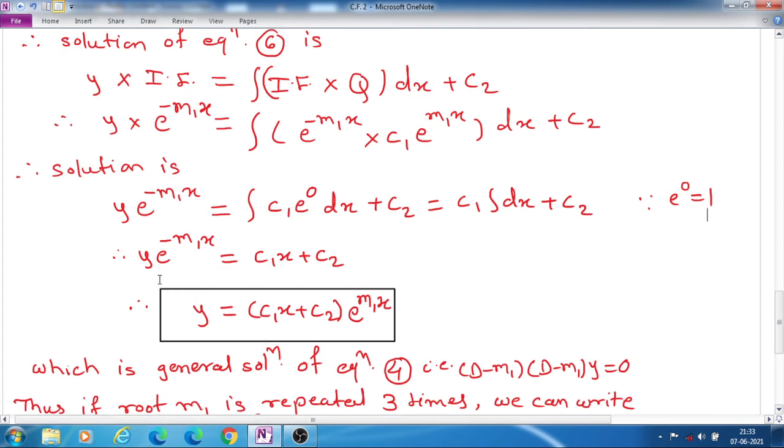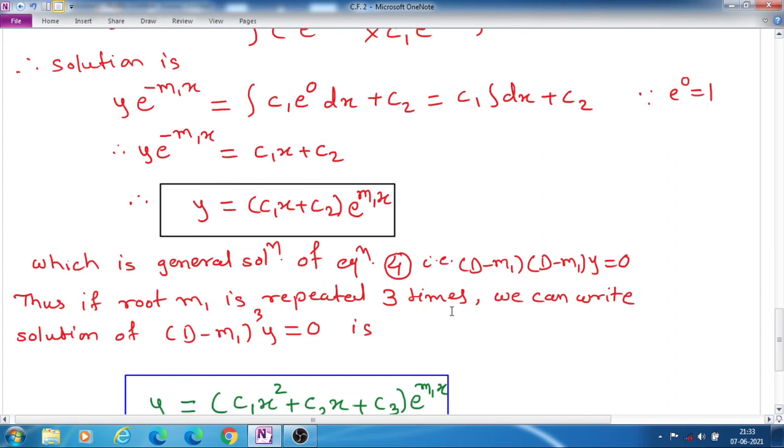Dividing by e raised to minus m1x on both sides, here remains only y, and 1 upon e raised to minus m1x means e raised to plus m1x. Therefore, y is equal to c1x plus c2 into e raised to plus m1x. So this is the solution for d minus m1 into d minus m1 y is equal to 0.